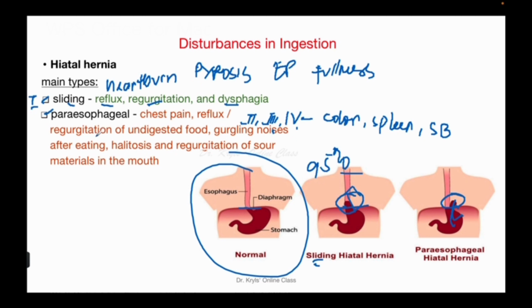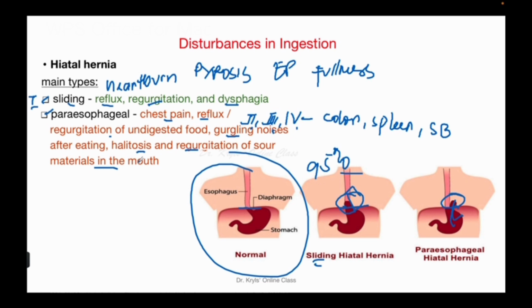With type 2, there will be a sense of fullness or chest pain, reflux or regurgitation of ingested food, gurgling noises after eating, halitosis, and regurgitation of sour materials in the mouth.